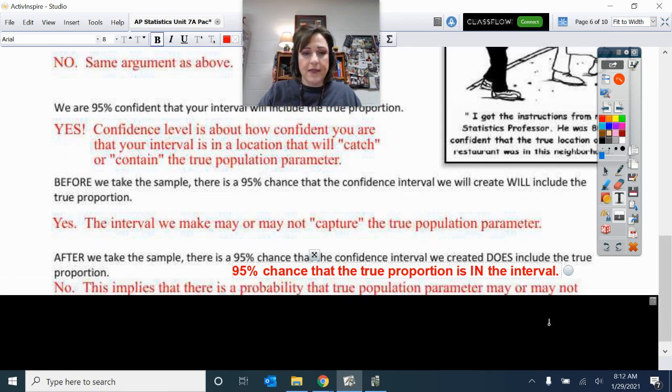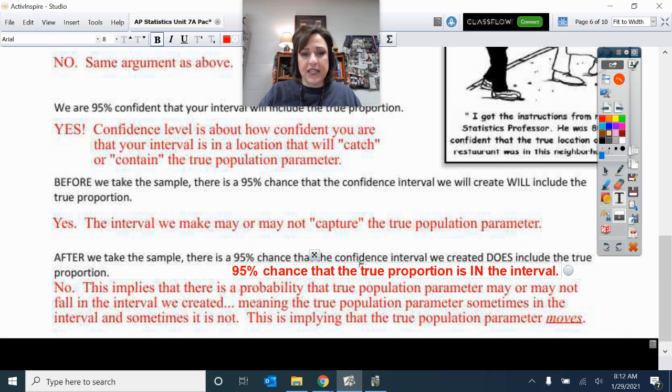Okay, that's what I was going for there. No, this implies that there's a probability that the true population parameter may or may not be in the interval we created, meaning the true population parameter sometimes is in the interval or sometimes not. This is implying that the true parameter moves, and it doesn't. Okay. We'll keep on visiting that. Those are kind of crazy.